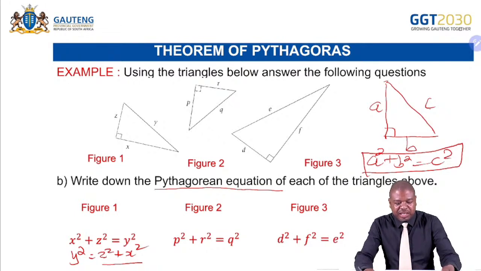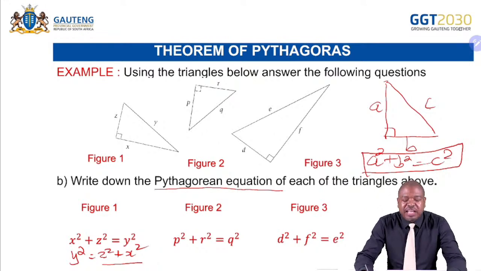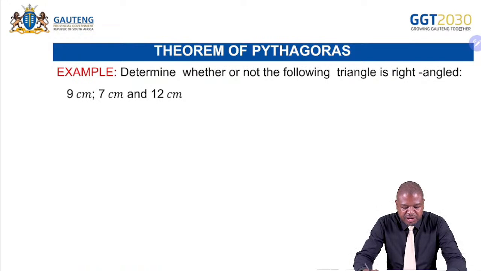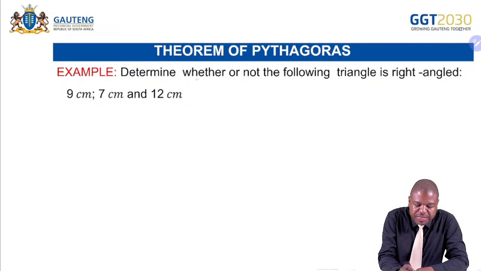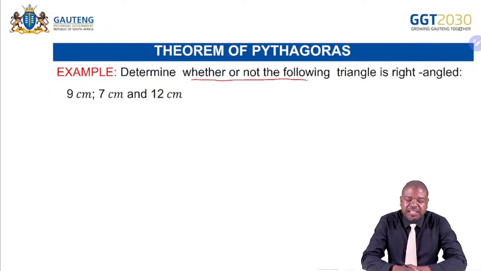Now that we have learned quite a bit about the theorem of Pythagoras, I would like us to do a class activity. Let's do this example first before we move on to the class activity. We have been asked to determine whether or not the following triangle is right-angled.